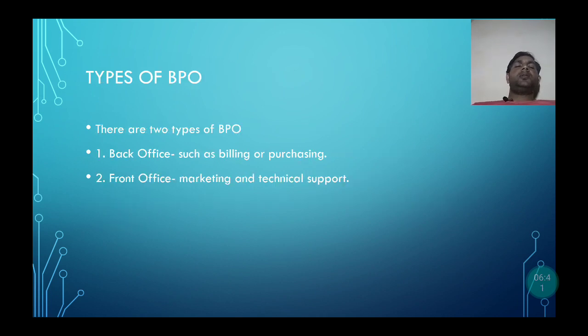Now, types of BPO. So generally there are two types of BPO as you can see. First is back office and second is front office. The back office is for example billing or purchasing, and front office for example marketing and technical support.